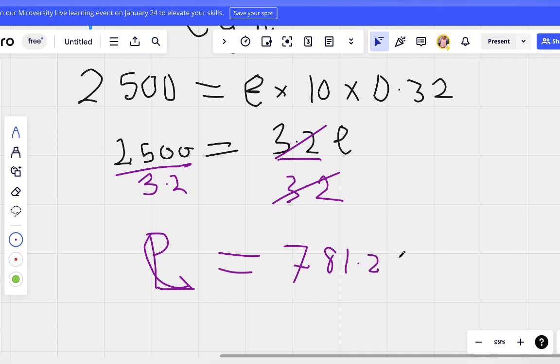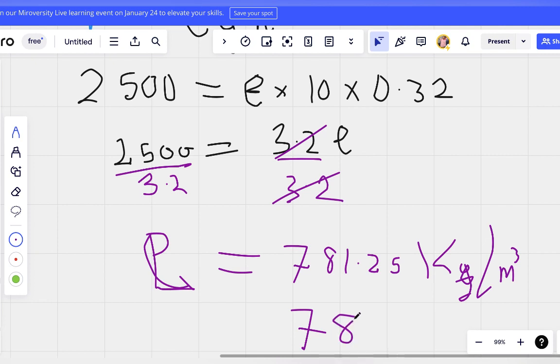You have to know the unit of density. Density is mass over volume, so the unit is kilogram per meter cube. You can leave your answer like this, but in Cambridge they will approximate this to the nearest 10, so probably 780.